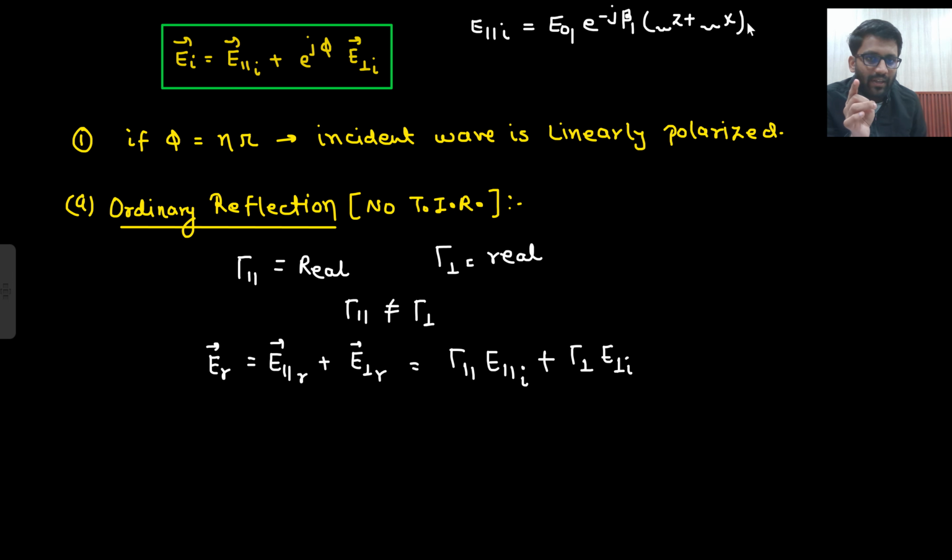And where is my electric field? That direction will also come. Now this magnitude E01 will be multiplied with gamma parallel, and that is a real quantity for a lossless medium. Say yes or no. But it does not have any phase, that means here the phase is 0. Gamma doesn't have any phase.